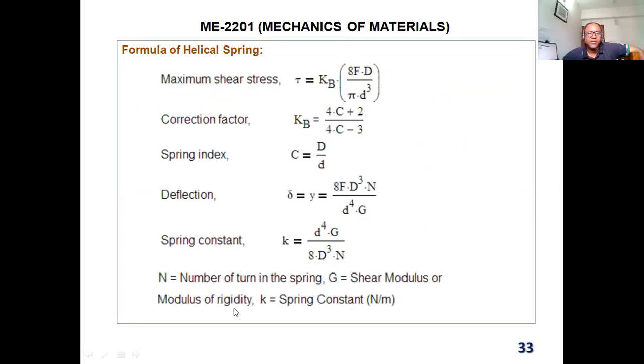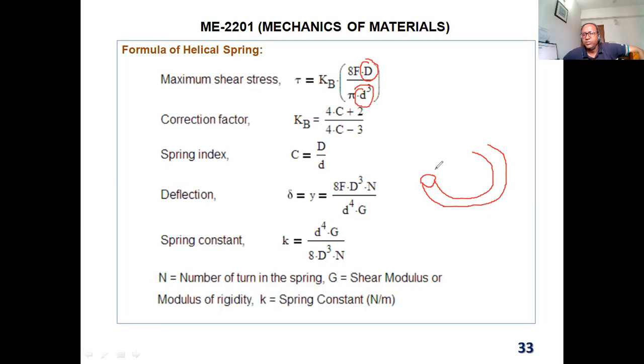This is the mean diameter of the spring, big D, no, small d, and with this rho. Small d is the wire, right? You bend the wire, and this is the radius.